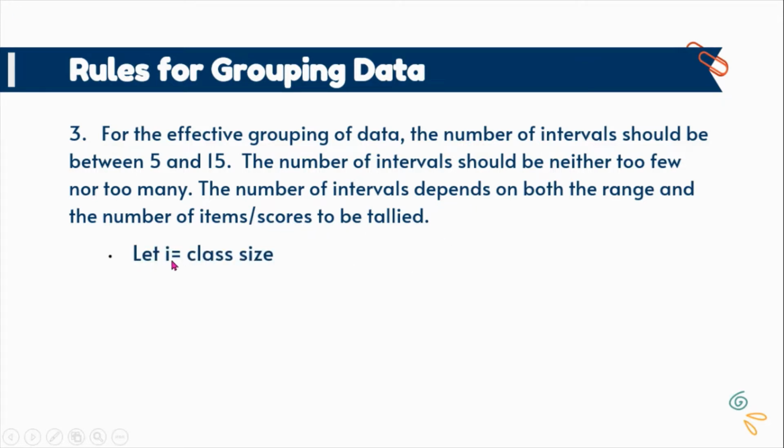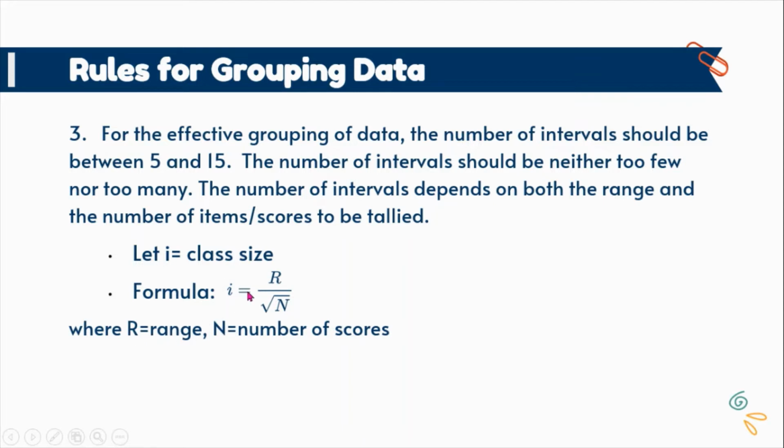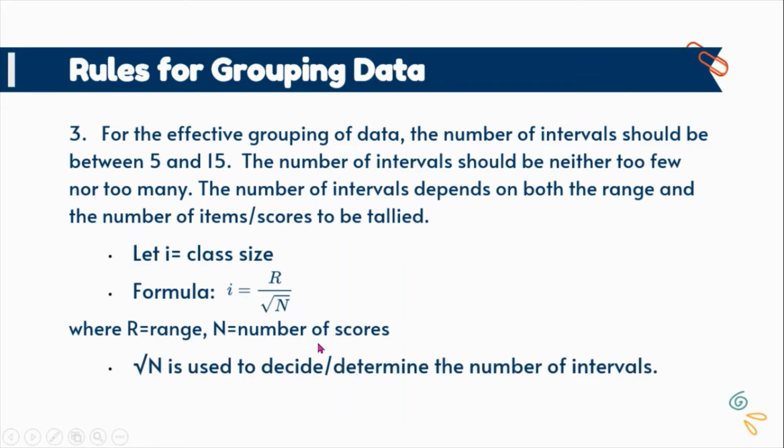We will let I be the class size, and the formula for finding the class size is R over the square root of n, where R is the range and n is the number of scores. The square root of n is used to determine the number of intervals.